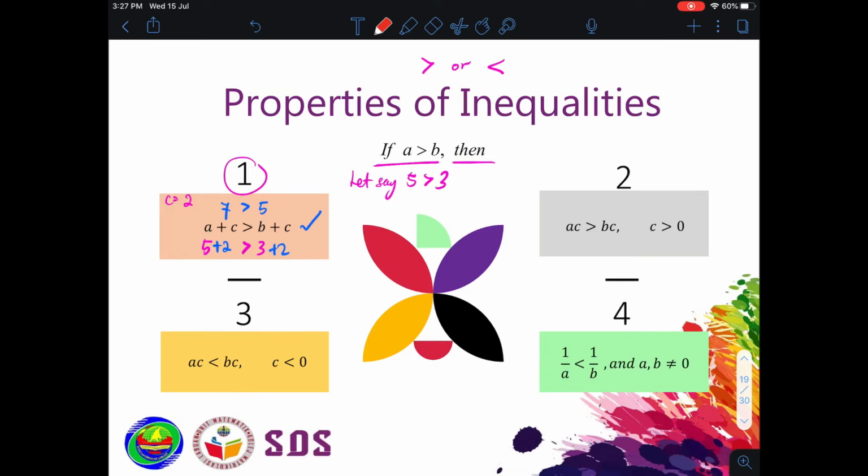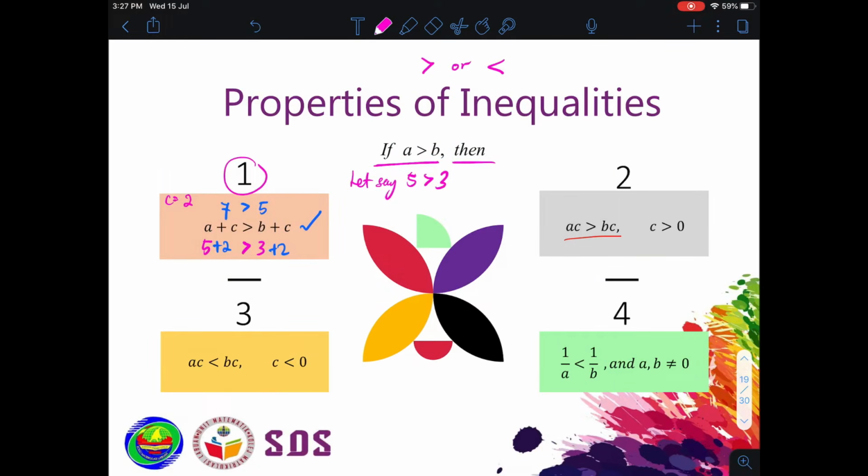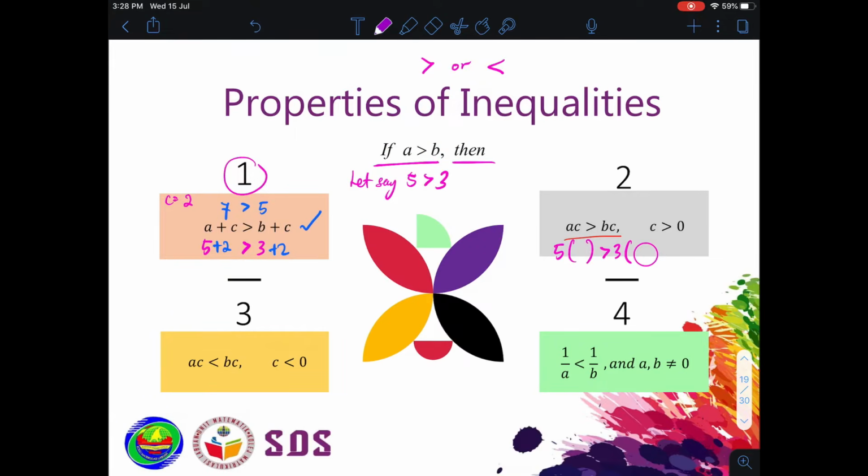Okay, for the second property of inequalities, we want to show whether this inequality works or not. How do we do that? Let's keep using the same numbers, which is a equals 5 times a number, and b is 3 times a number. In this property, we must use a c where c is greater than 0.